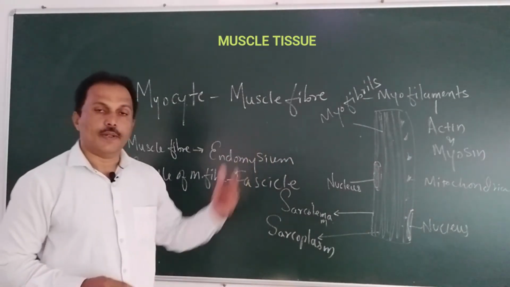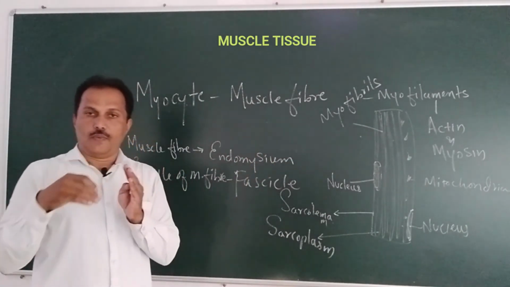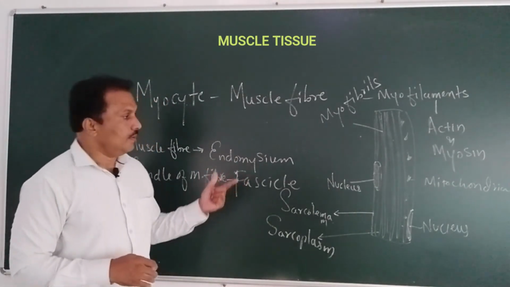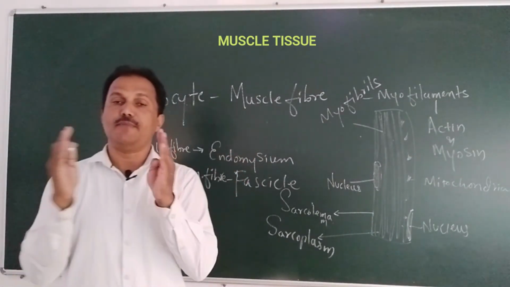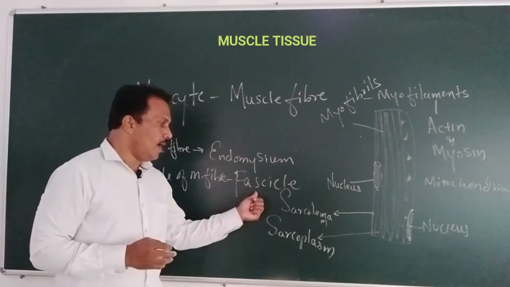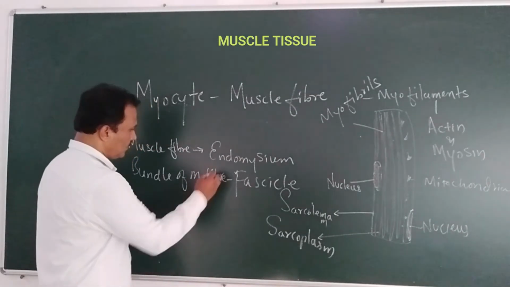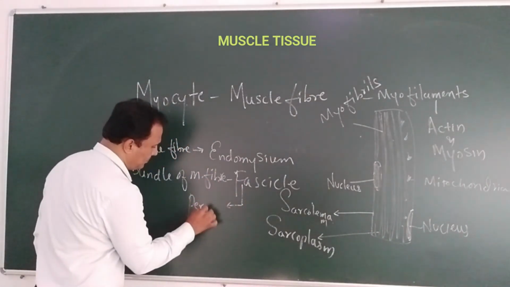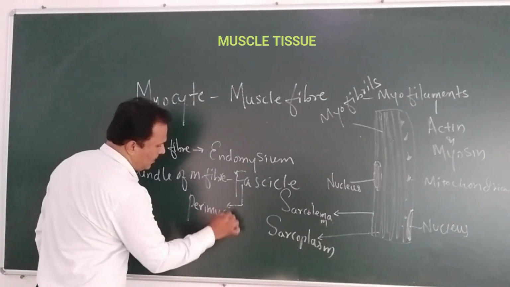These muscle fibers are covered by one connective tissue layer known as endomysium. These muscle fibers form the bundle, known as fascicle, and this fascicle is covered by perimysium. What is perimysium?